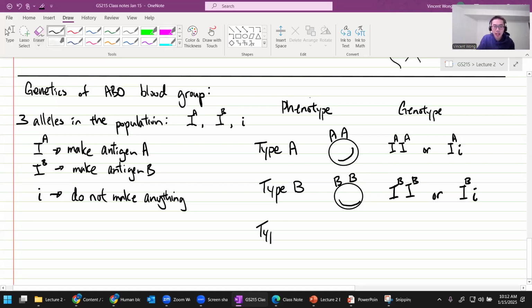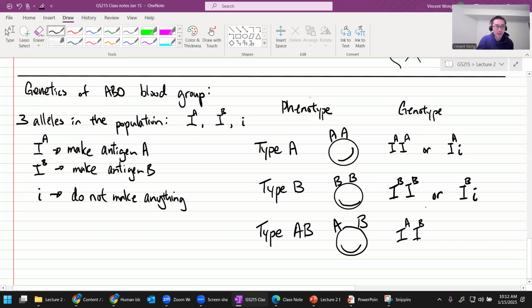Okay, what about type AB? For someone who's type AB, they would need to have A and B on the surface of their red cell. And what's the only way to achieve that? What genotype do you need to have type AB blood? That's correct. You need IA and IB.